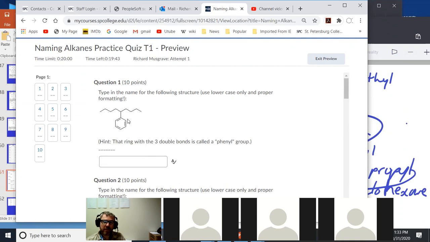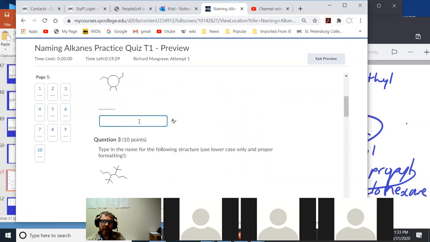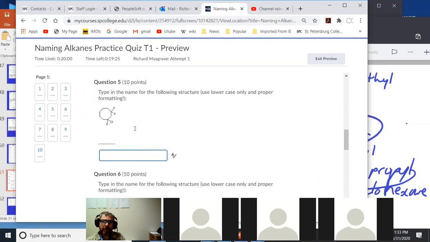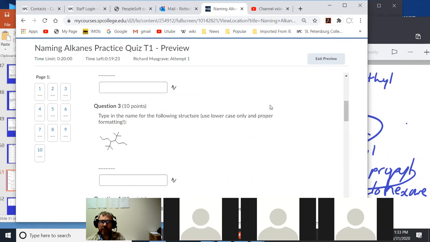It's not actually on the list, and you won't be given that on any test, but I wanted to include it because I've got a lot of compounds that contain it. Three double bonds in a ring is called a phenyl group, so that would be the phenyl group there. You put the names in here, but they have to be exactly right. Does anybody have any questions? That's good practice.